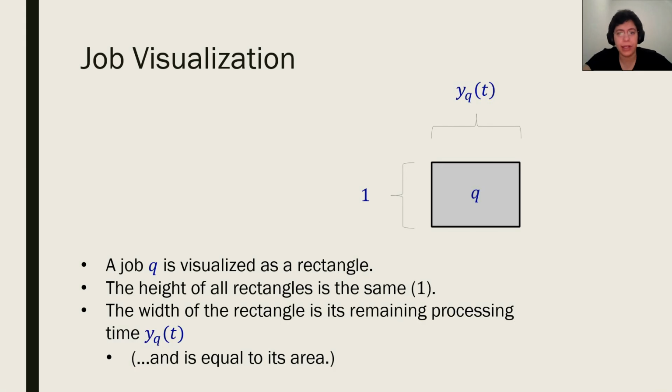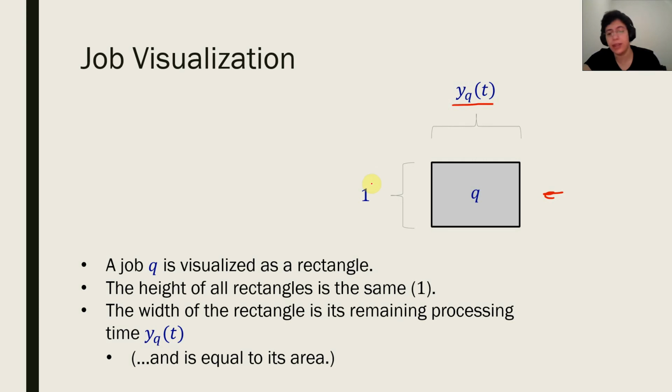So in the unweighted setting, we're going to give jobs the following visualization. This is the state of a job at some particular point in time. This job Q is visualized as a rectangle, and the height of the rectangle is 1, and its width is the remaining processing time of the job Q at that time.